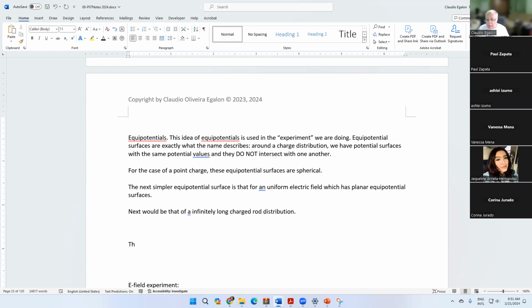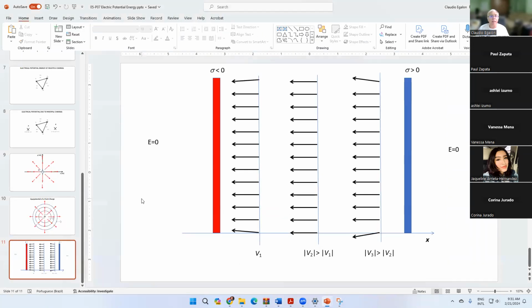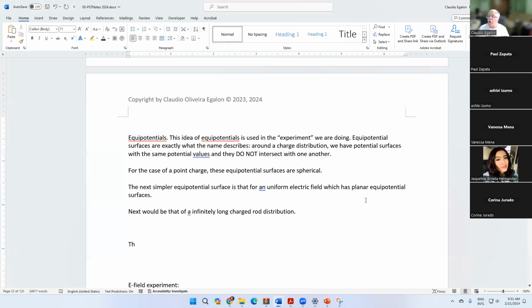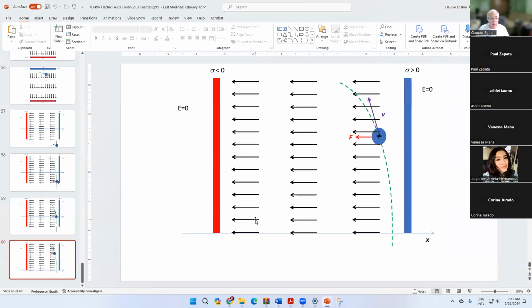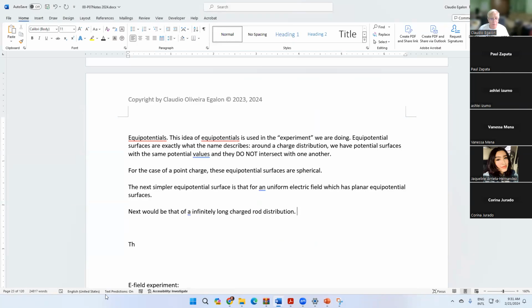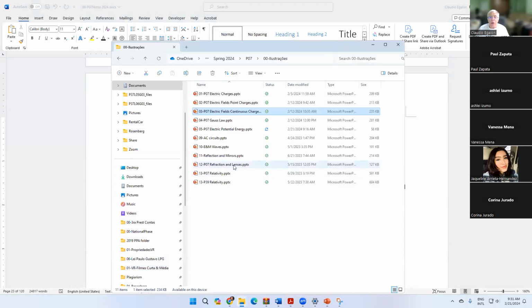We determined the electric field of a charged rod using Gauss's law. Let me see if that's the one here. No, it's not this one. It's another one there. And that charged rod distribution, here you go, Gauss's law.